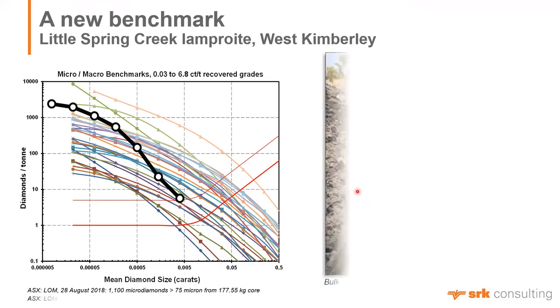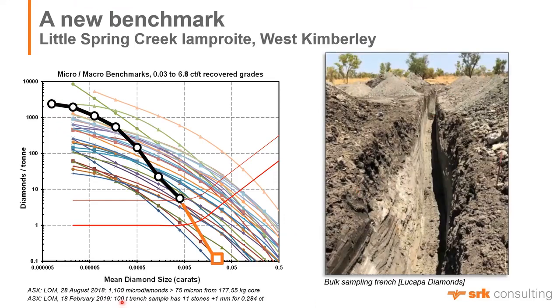And it took 100 tons out of there, recovered 11 stones plus 1 millimeter for 0.28 carats recovered. That's that data point over there. You can now fit the benchmark through over here, the whole lot. That's what it would look like.